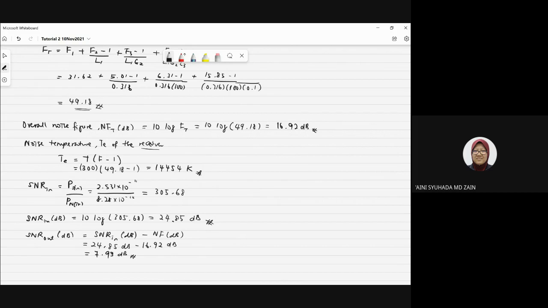So if you compare the SNR out and the SNR in for this system, it is not much, since the noise figure is also quite high for this system, so not much SNR at the output part.